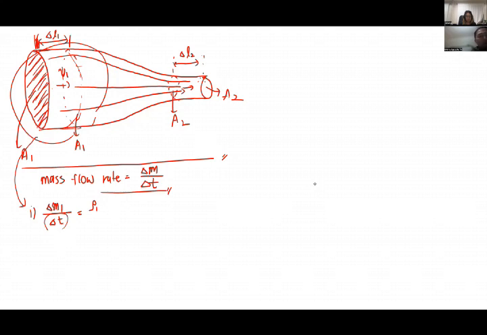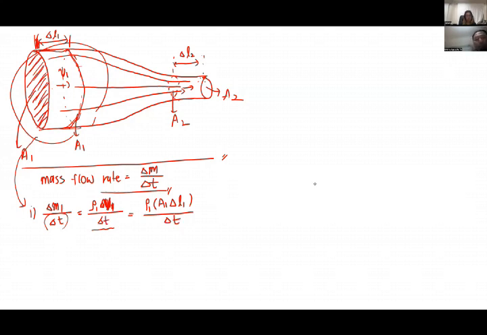The mass is the density of this fluid at the entrance of this pipe, rho 1, times delta V1. Here, delta V1 is the volume of this cylinder at the entrance. The volume variation at the input should be expressed with the area A1 times travel distance delta L1, divided by delta t.